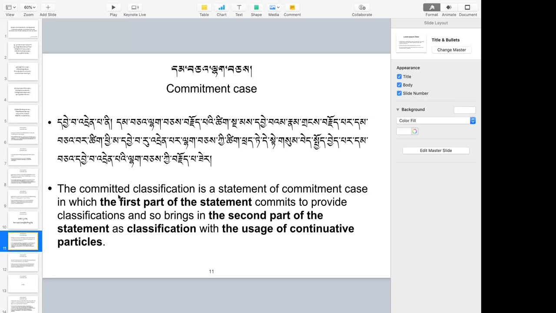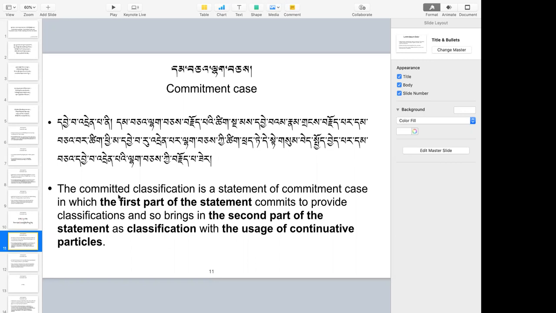So here too, we will understand that the first part is written in a way that it will require the second part to provide classification. And so the second part of the statement is brought as classification, the committed classification. And the conjunction between these two parts of a statement is done by the continuative particles.